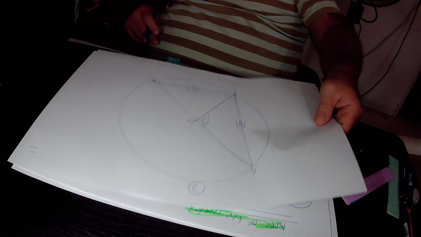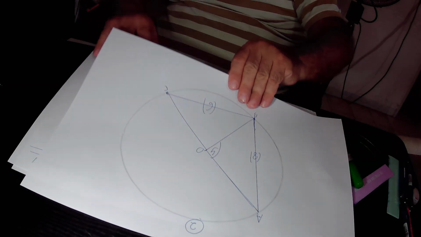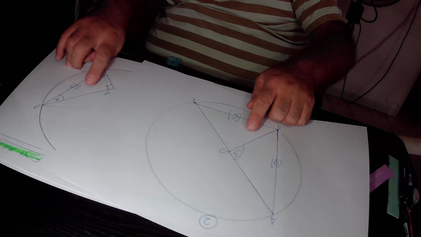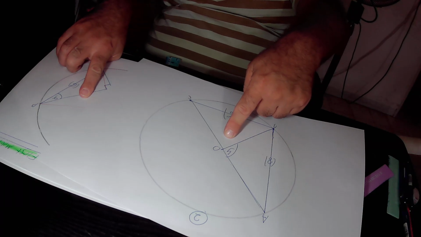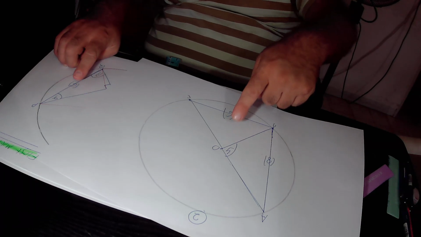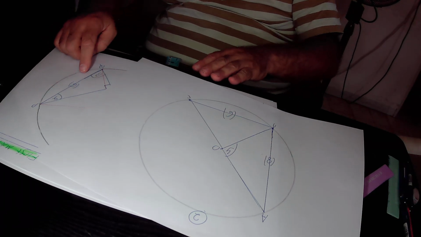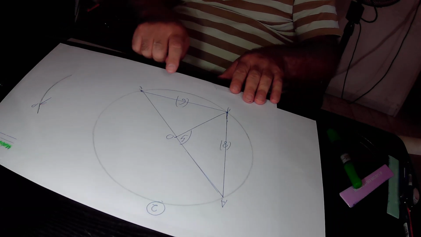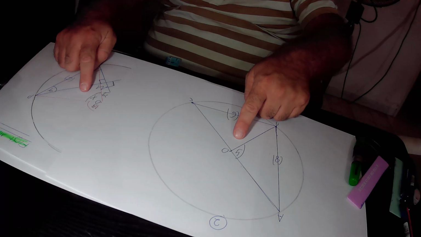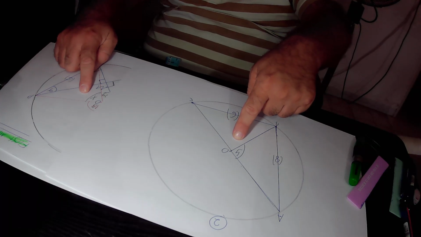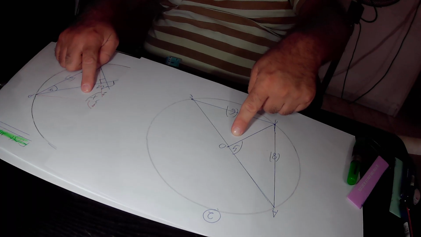And because those two center angles are both subtended by equal chords, chord PQ equals 6 and chord BC equals 6 also. So those two center angles must be equal to each other in their sizes.